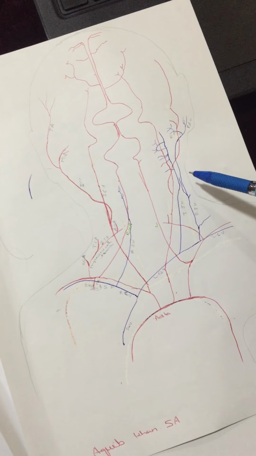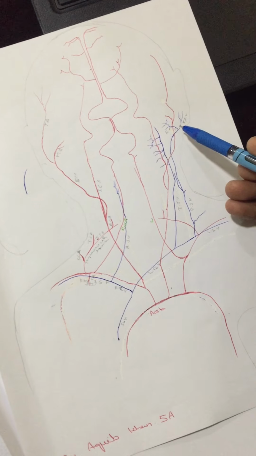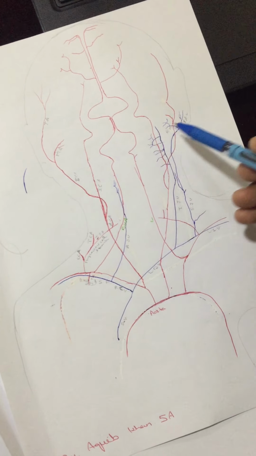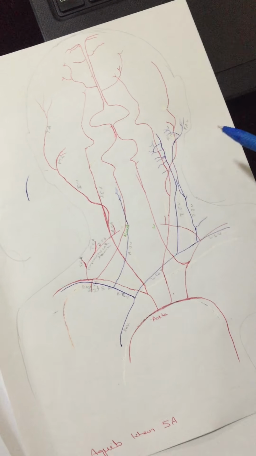The external jugular vein carries or drains the blood from our facial region as well as the superficial scalp region.